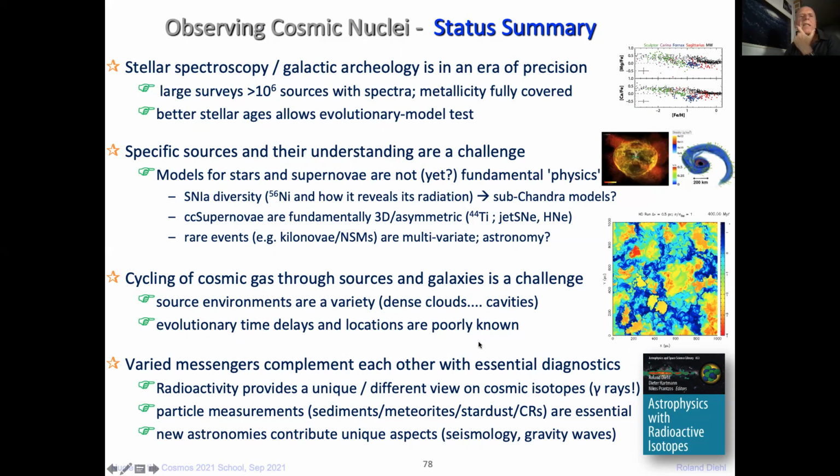And we use different messengers that complement each other with essential diagnostics. Radioactivity provides a clock, particle measurements provide details on isotopic abundances, and there are new astronomies which contribute in their own ways. And with this, I am at the end, and thank you very much for your attention.